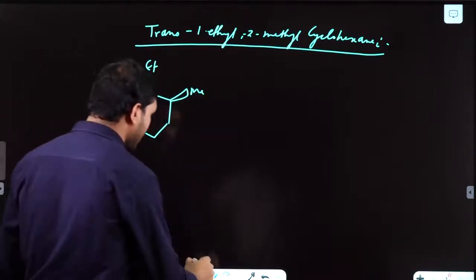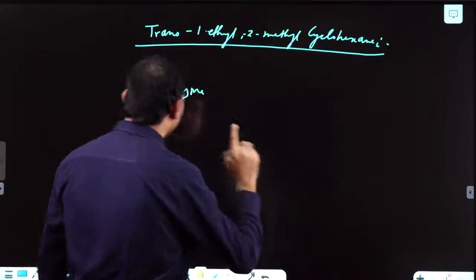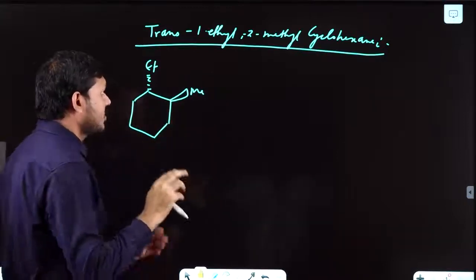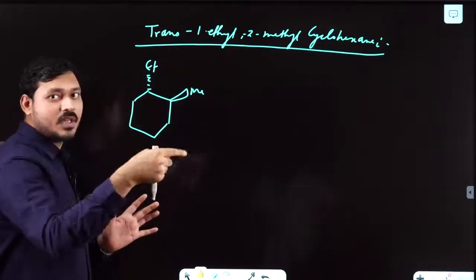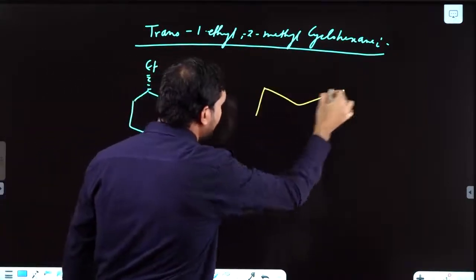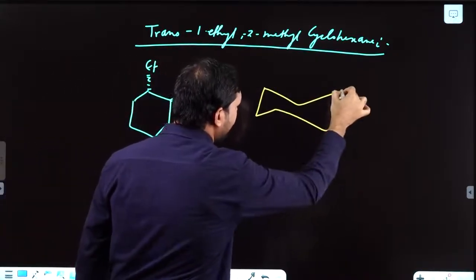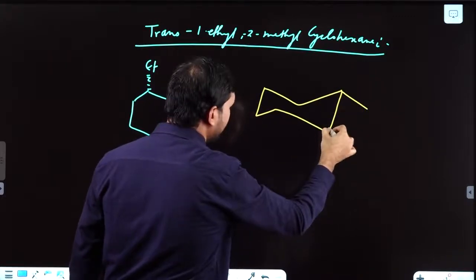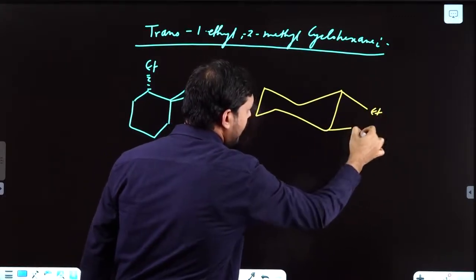Okay, so let's draw. First of all, here you are asked trans form. So if ethyl is down, then methyl is up, or ethyl is up, then methyl is down. So I am just drawing the two possible cases. Down, up, Et-Me.